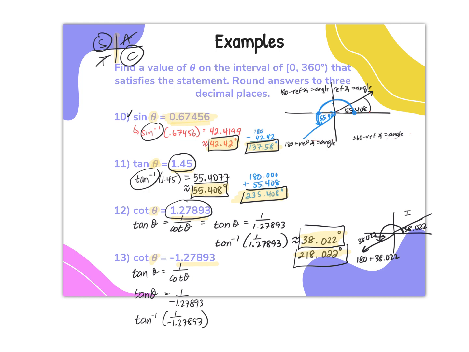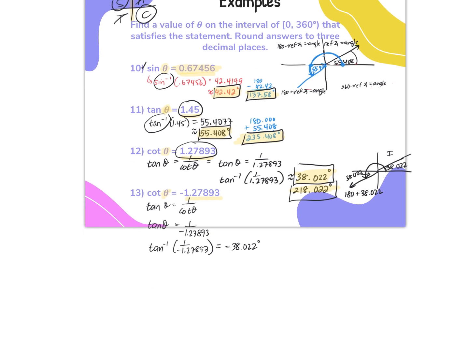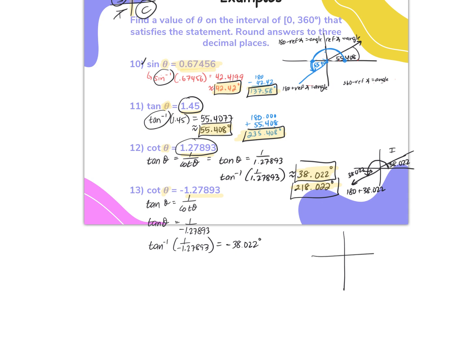If I do the math like this, and I find my inverse tangent, I'm going to do 1 divided by negative 1.27893, and you're going to see that when you do the inverse, you're going to get negative 38.022 degrees.